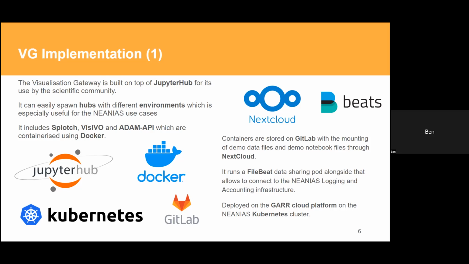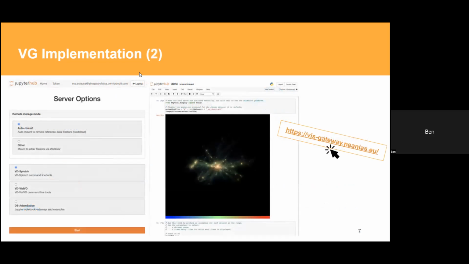So there's Filebeat, Docker, and Nextcloud. Actually, I think Nextcloud works with JupyterHub, but they all work together and interoperate like that. This shows the options on JupyterHub for Splotch, Visivo, and AtomSpace, pulled from GitLab as Dockerfiles so that they can be started.